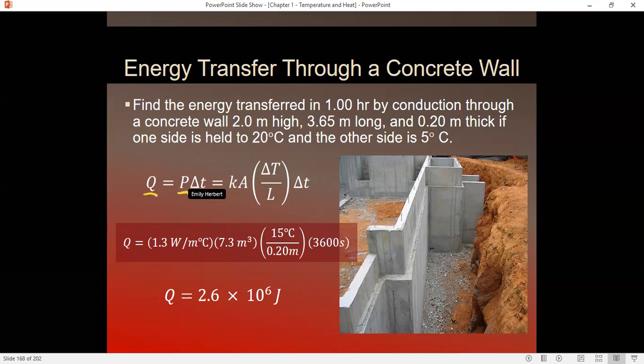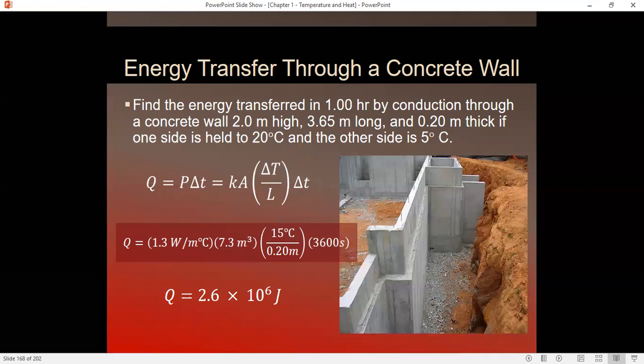It's just power in watts. Watts are joules per second, times time. Here we're going to have a time of 1 hour. And that's going to be equal to kA, the difference in temperature over the thickness of the concrete wall, and then again, times the time, okay?